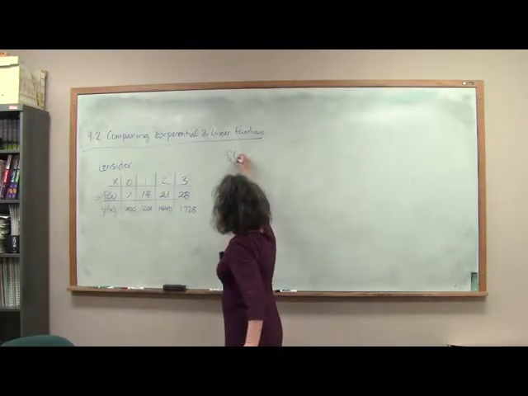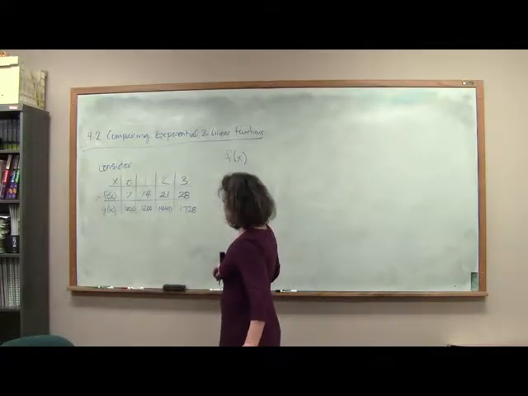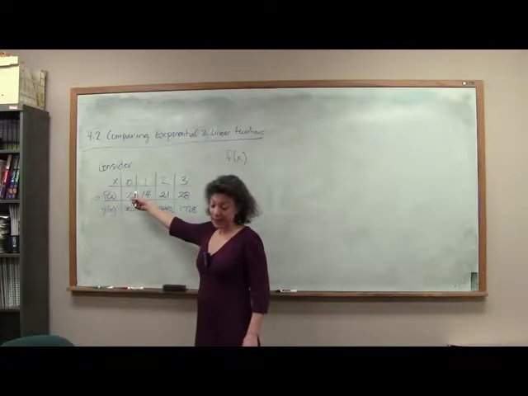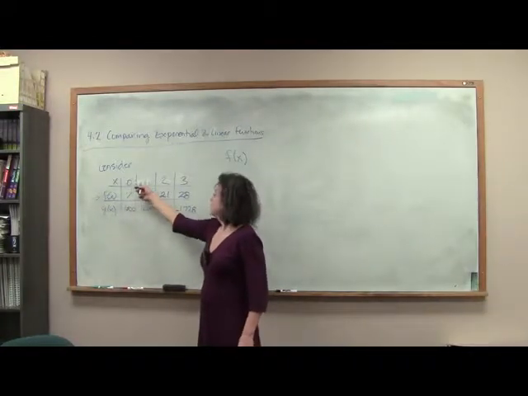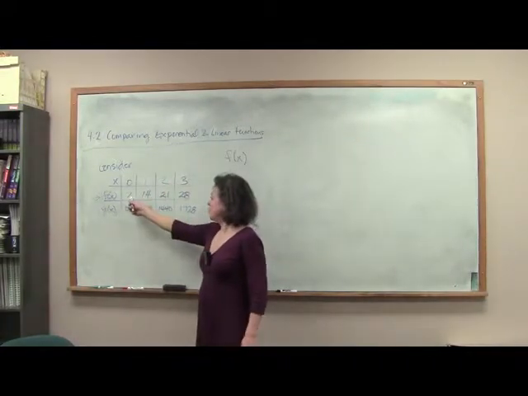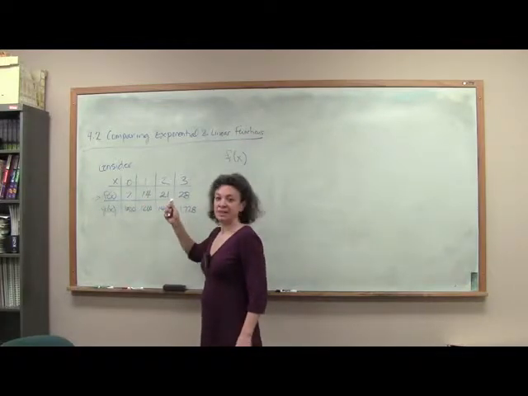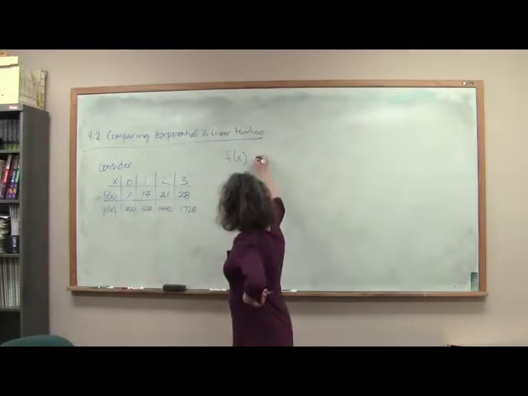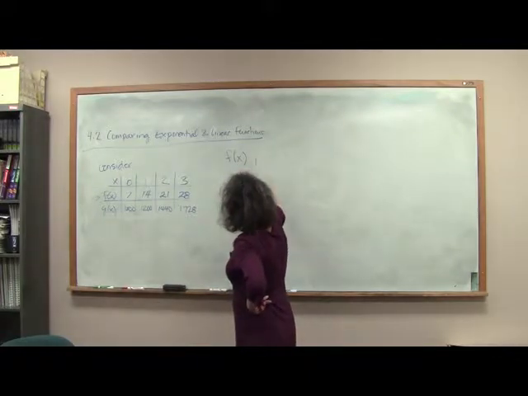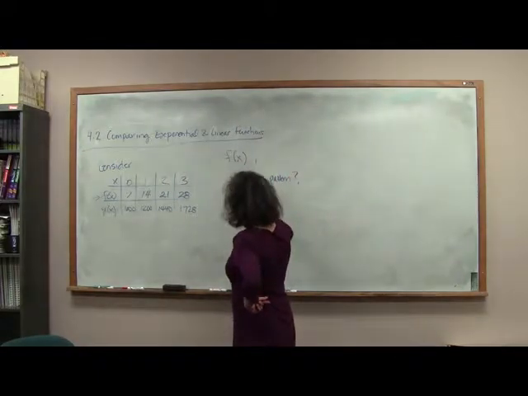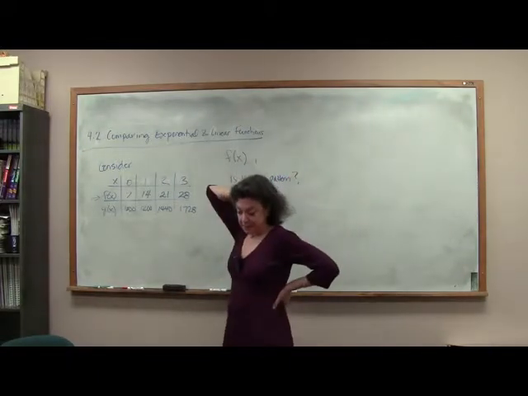So, let's first consider f of x. Well, what we need to do is ask ourselves if there is a pattern here. Notice these are increasing by 1, and each of these are increasing by 7. So, f of x. Is there a pattern? And our answer is yes.